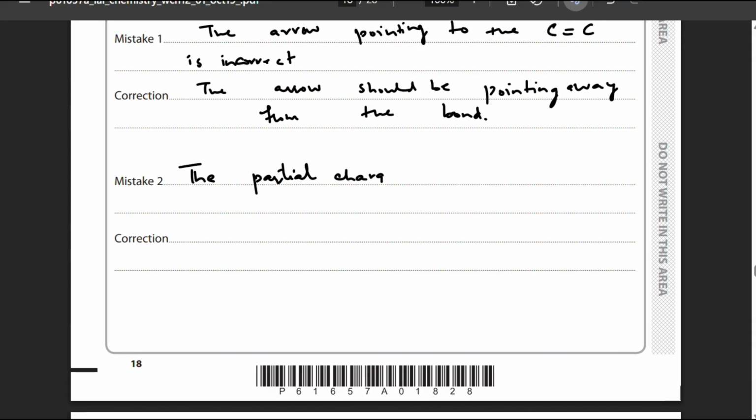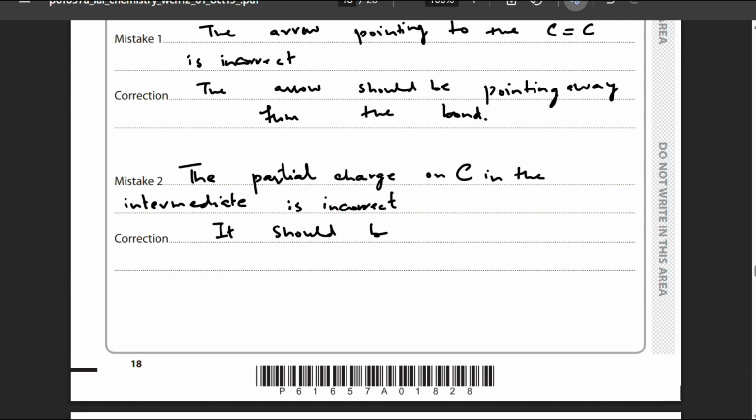The partial charge on carbon in the intermediate is incorrect. It should be a full positive charge.